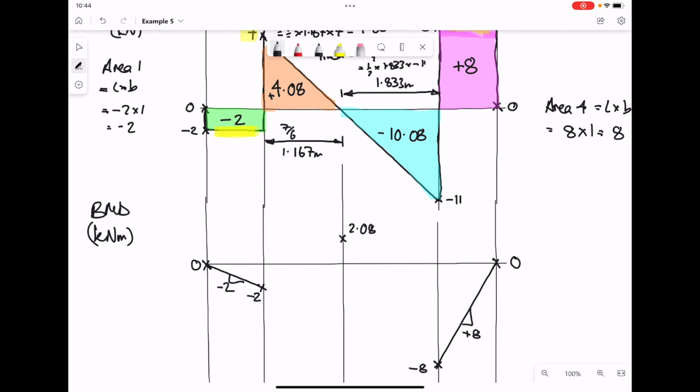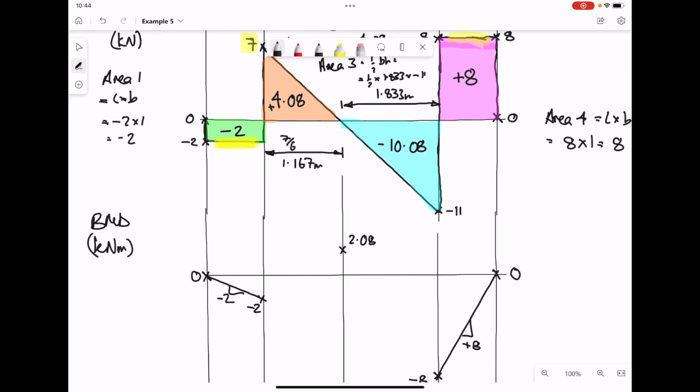Now, in the middle part of the beam, we need to consider the shear force value at the start, at the crossover point, and at the end. Looking at the shear force value at the start, it's a value of +7. So the tangent to the curve at that point will have a gradient of +7.